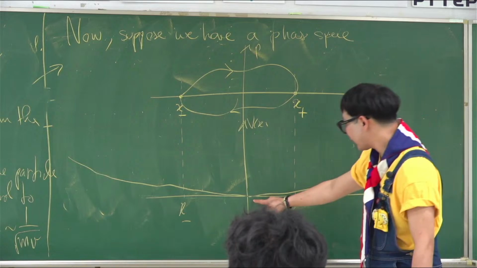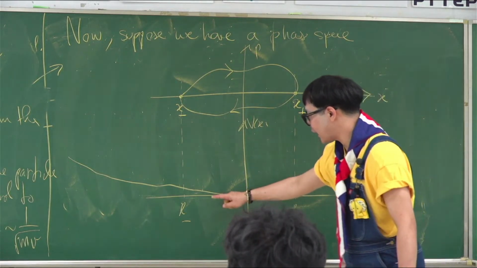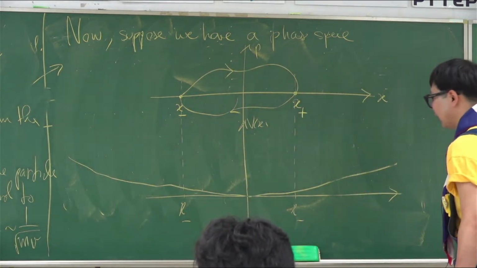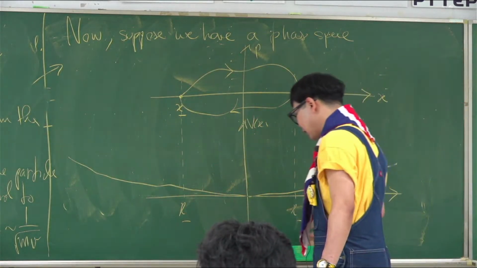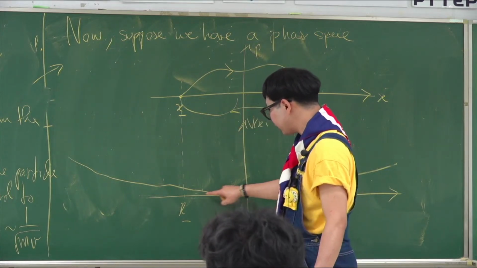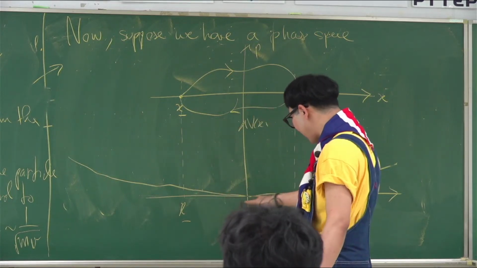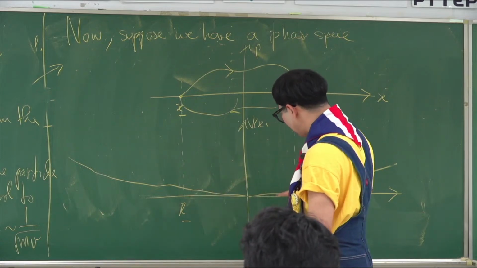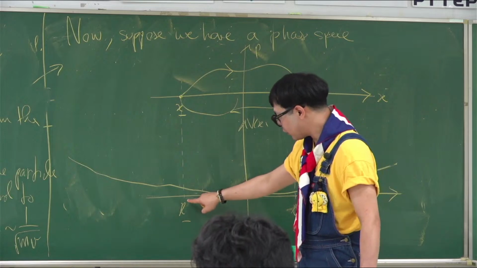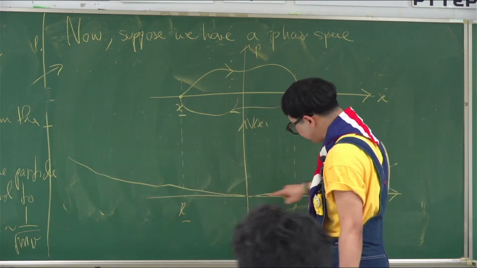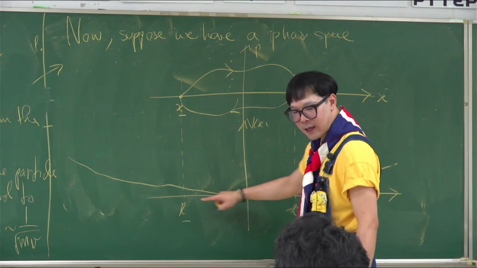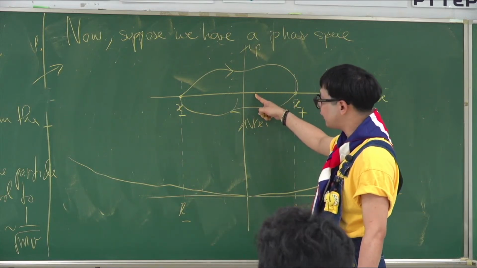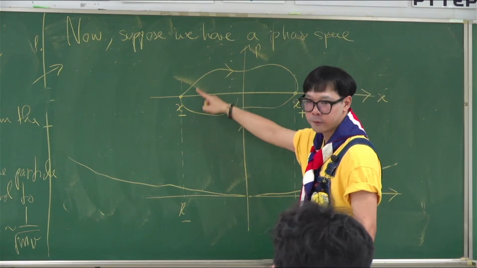Because I try to make it change slowly, otherwise it's not going to match the condition that I put here, right? It means that if your particle has moved up to this point, it has to move back and forth. Then on this space, you see that your particle will move back and forth on this axis, right? But on the phase space, you will get another kind of trajectory. You get this kind of loop, right?